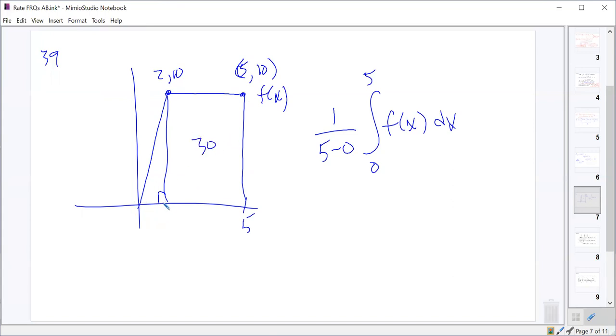We got a base of 2 and a height of 10, so that ought to be 10. So it looks like it should be 1/5 of 40, which ought to be 8. Any questions there on 39? That good for 39?